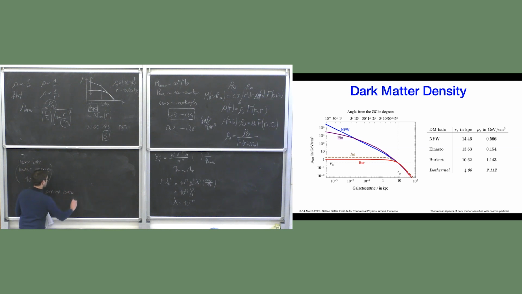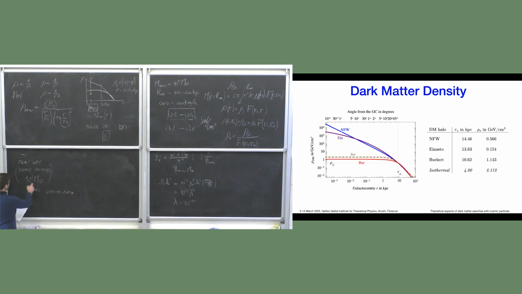Okay, so when you study gamma rays from a dwarf, you are basically statistically limited. You are not background limited, you are statistically limited, because the background is basically zero.